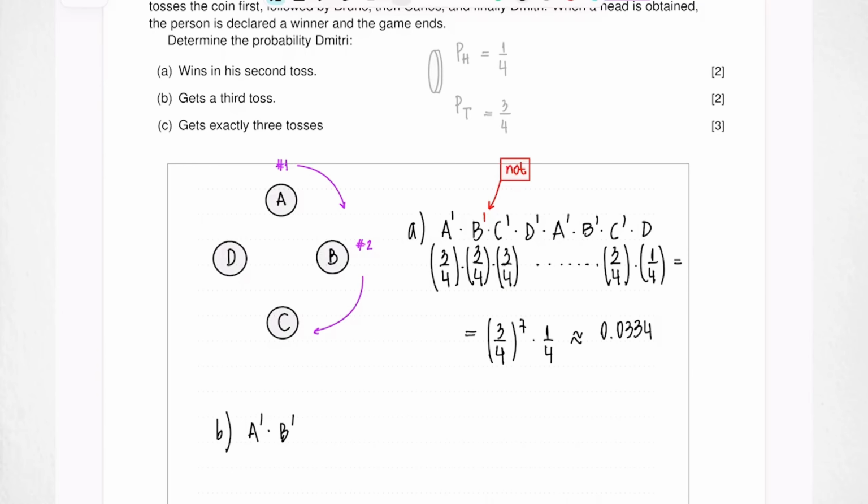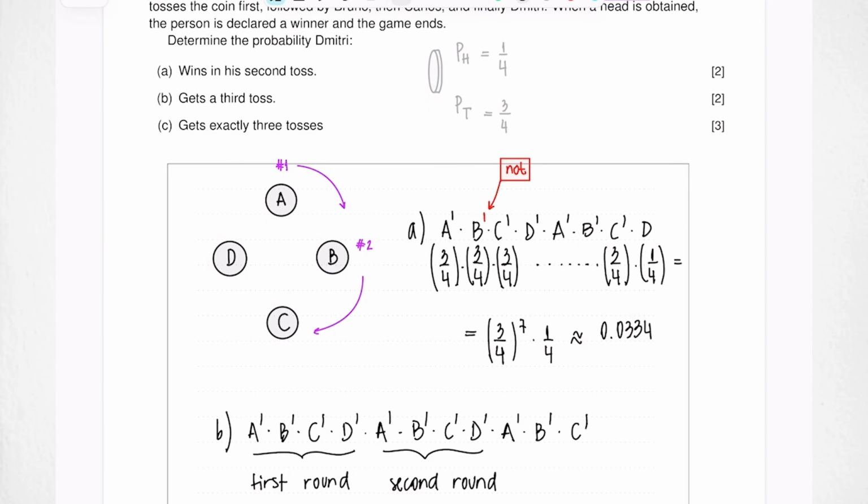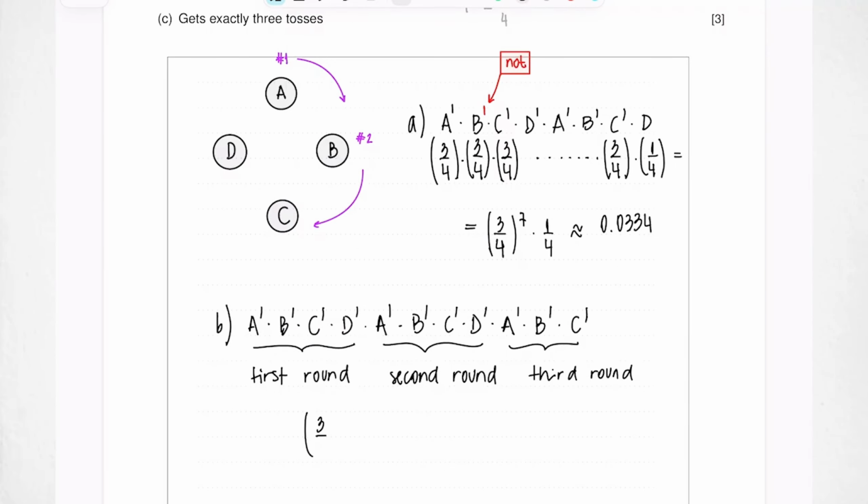So the coin just needs to get to him on the third round, which means that on the third round, we have A not, B not, and C not combined. So this is the first round, this is the second round, and this is the third round. So the probability here is 3 over 4 to the power of 11, which is approximately 0.042. And again, do notice that it's not being stated whether Dimitri wins or not.